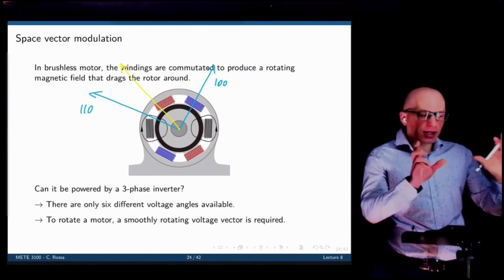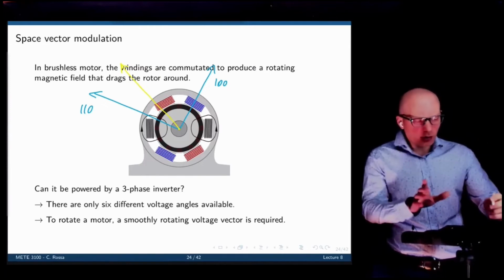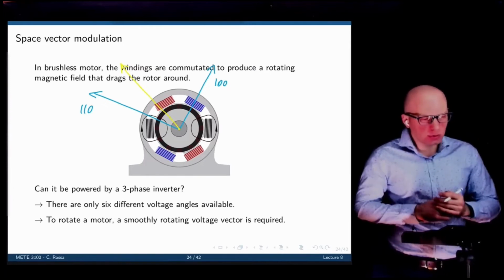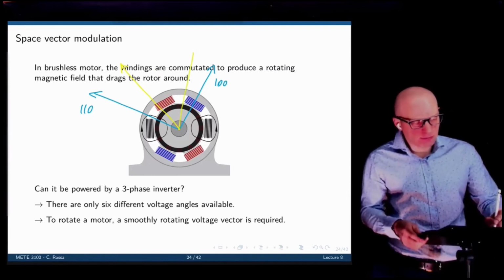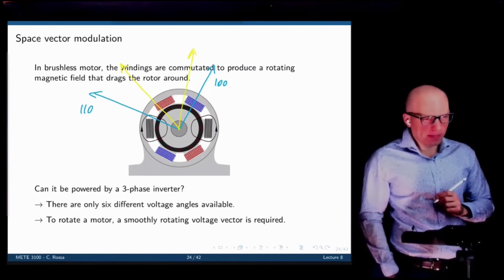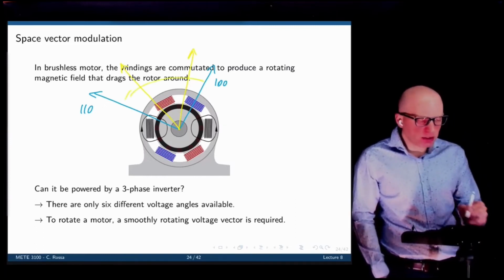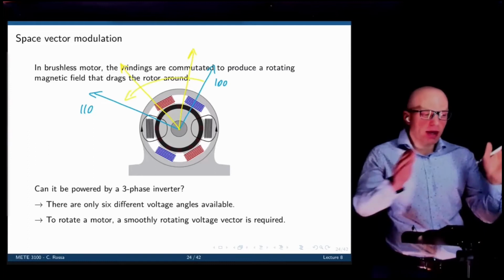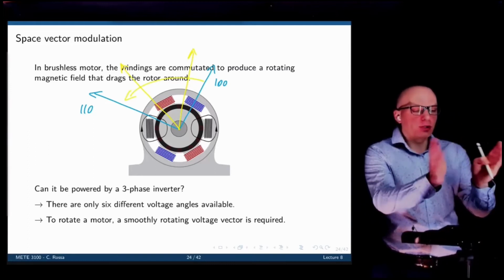If again I time the duty cycle to get 1, 0, 0 conducting for longer than 1, 1, 0, then the resulting vector may go like that. By timing the duty cycle, we can get any linear combination of these two vectors and make the average resulting vector go between them.